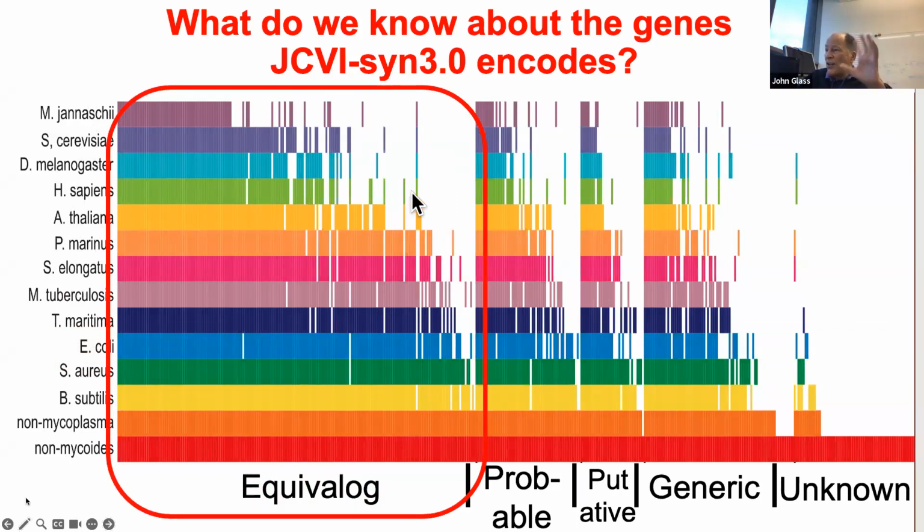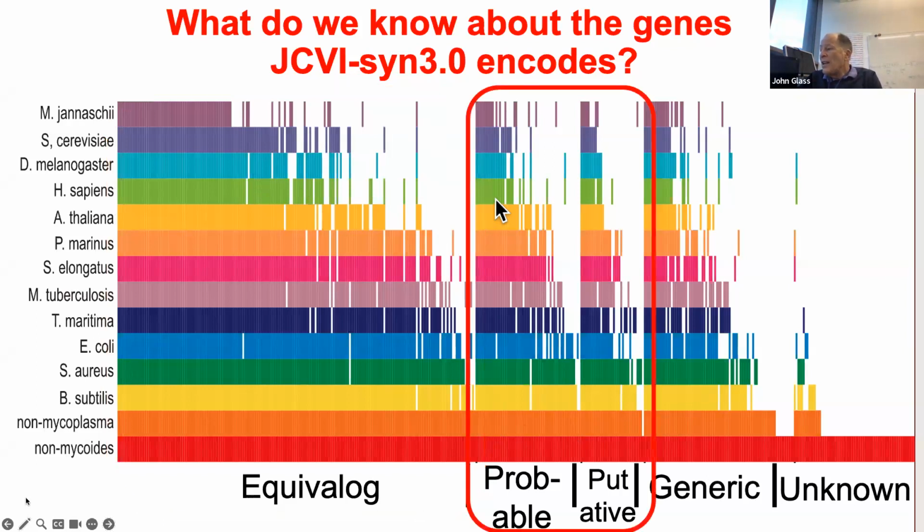If we made it just a little bit more relaxed, this would almost all be colored. So first we did it for the genes we knew what they were. Then we did it for the genes that we had a pretty good idea what they were. And again, you see high conservation in all different kinds of bacteria, and then in plants, yeast, humans, Drosophila, a little less so in archaea.